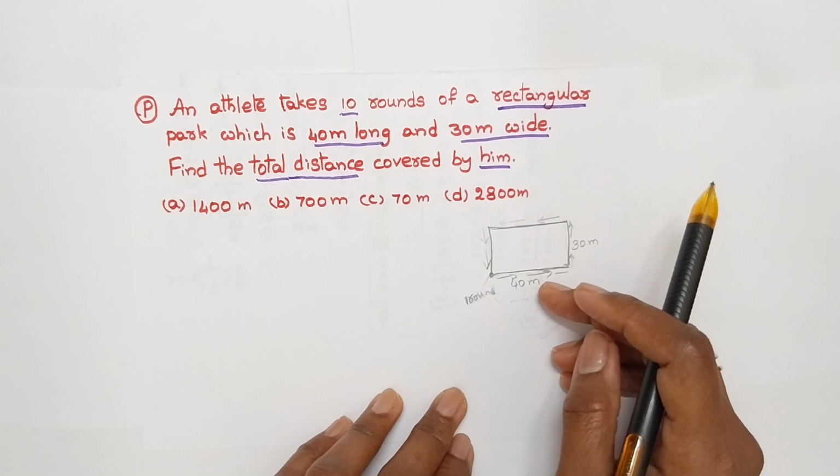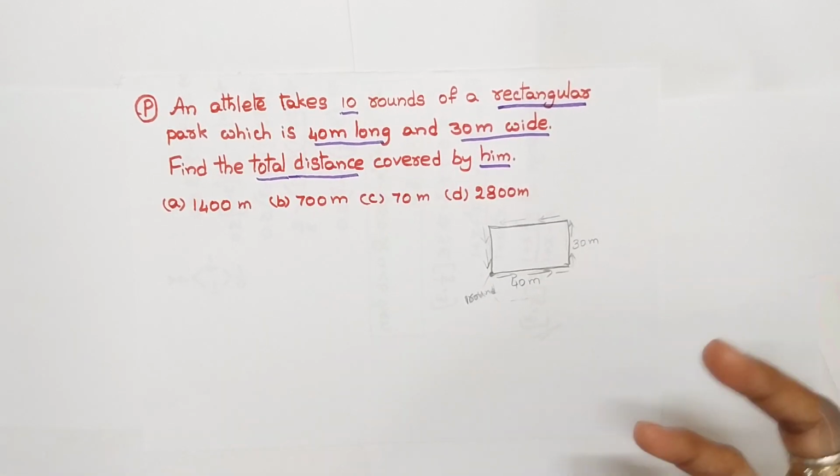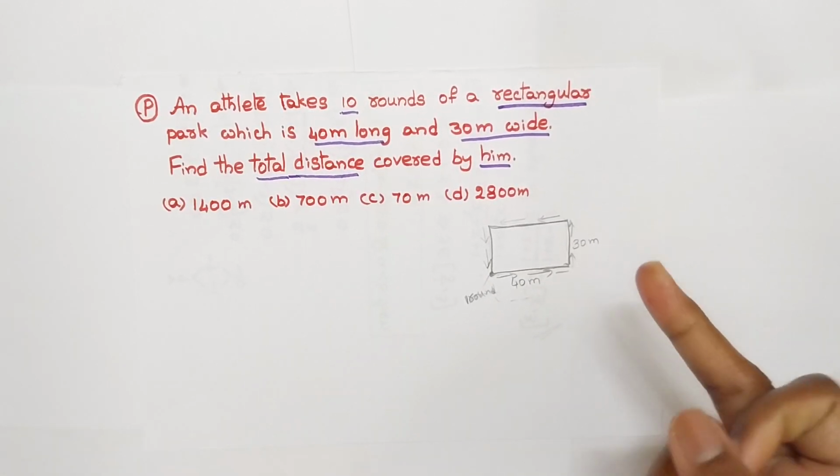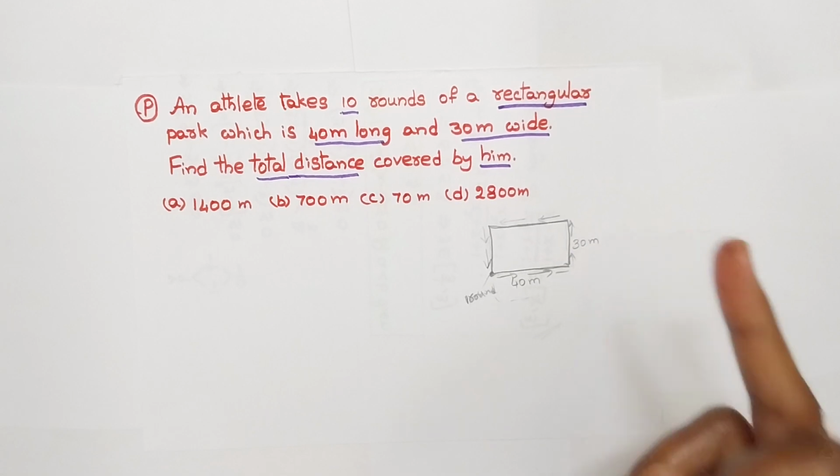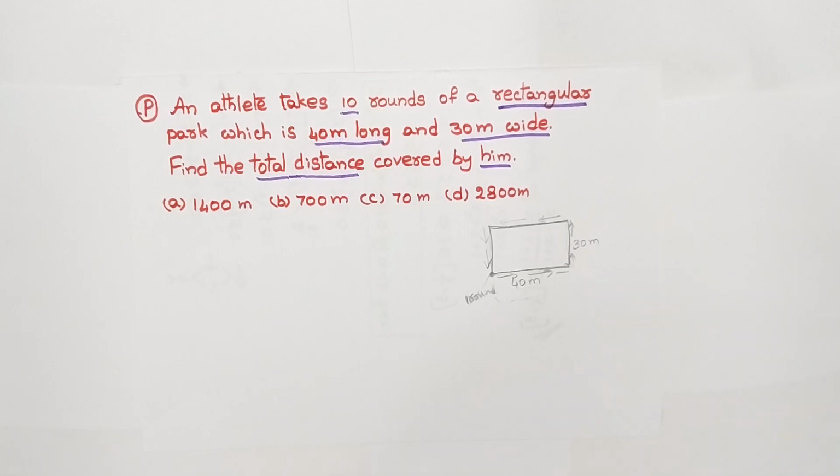So the points we got: the park shape is a rectangle, and one round is equal to the perimeter of the park.